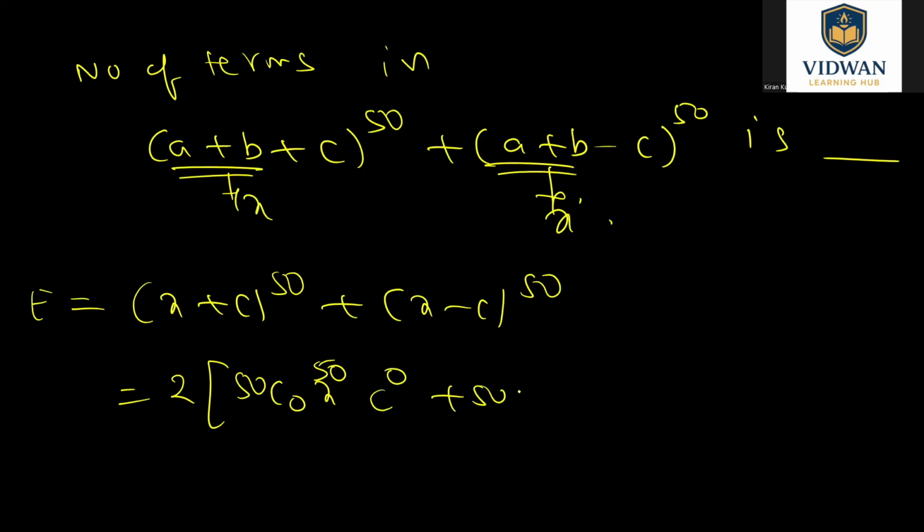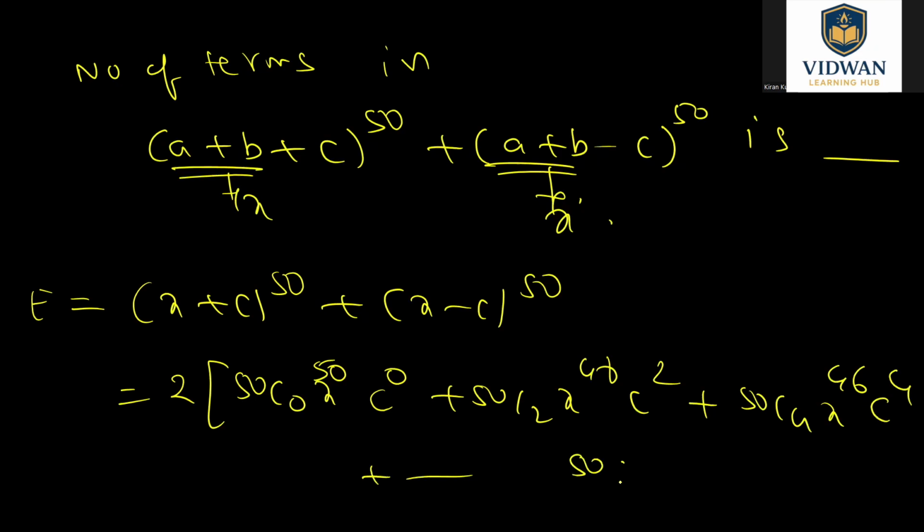Then you'll get 50C2 x power 50 minus 2 c power 2. So you'll get this kind of term 50C4 x power 50 minus 4 c power 4. Like this, what will be the last term? 50C50 x power 0 c power 50.